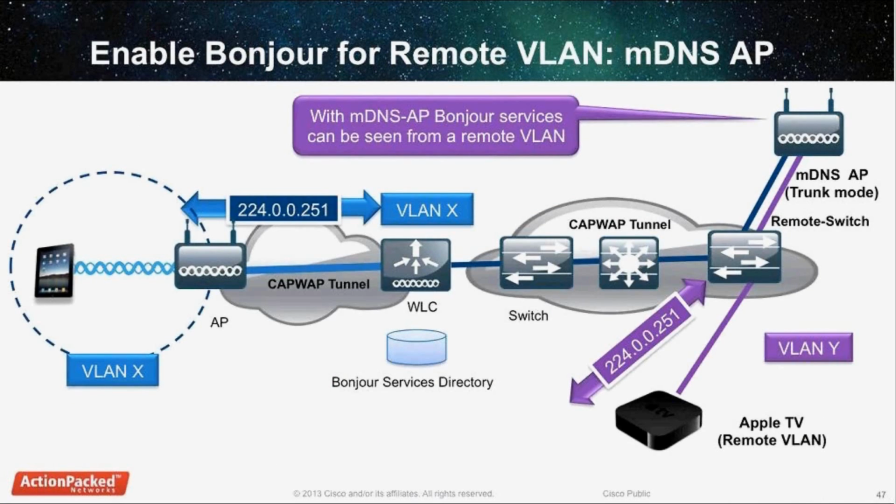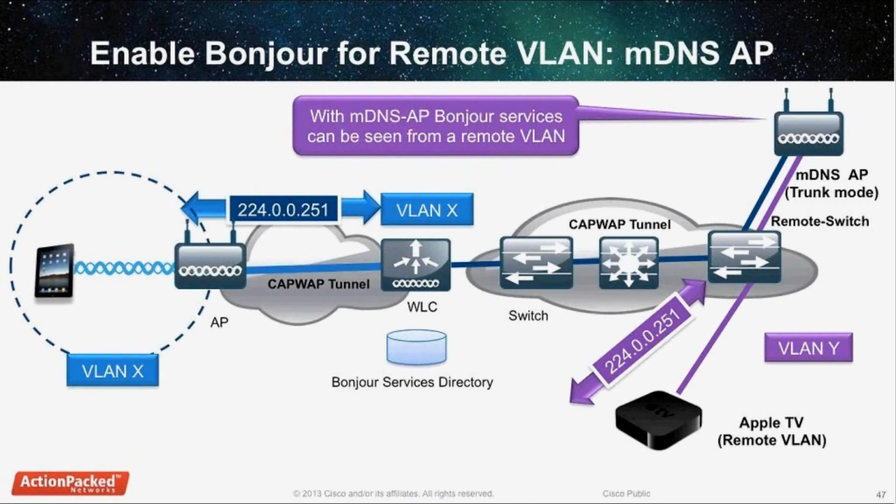Also, what we discovered is most of the time your Apple TVs are wired and might not be on the wireless network. One of the requirements that we had before was that the remote VLAN on which the wired Apple TV was connected had to span all the way to the WLC.